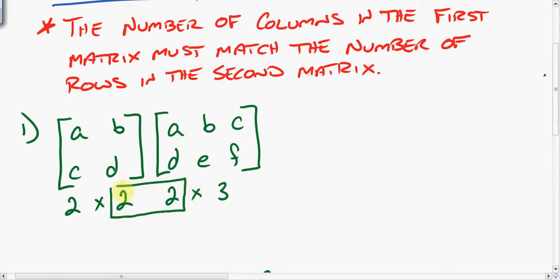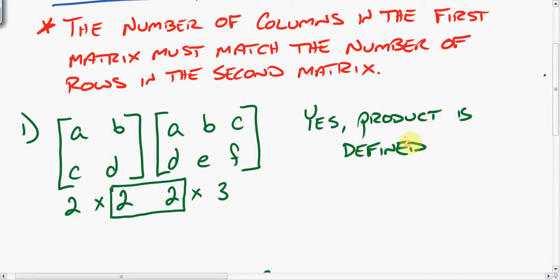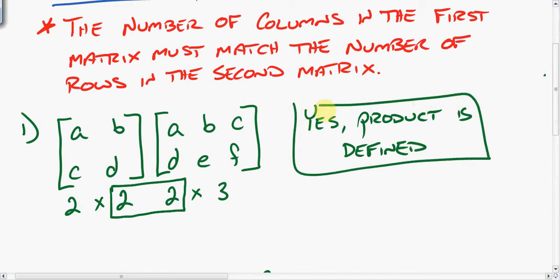So when you write the dimensions of the matrices, these middle 2 numbers should match. If they do match, then our product is defined. So I'm simply going to say yes, the product is defined.